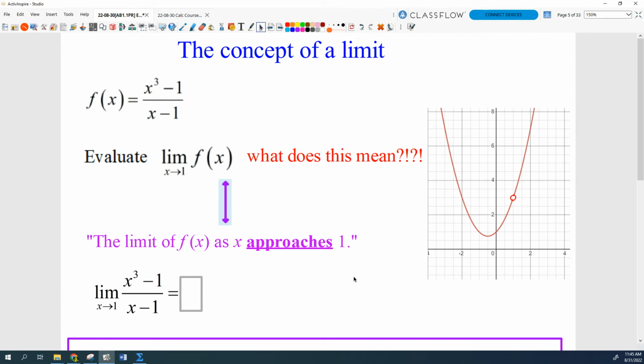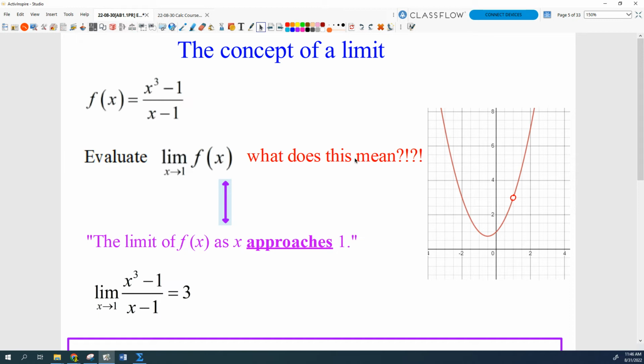What do you think the limit of that function is as x approaches 1? Any suggestions? What do you think? It's the answer is 3. How come? Because what? No, that's not why. That's an accident. How come it's 3?